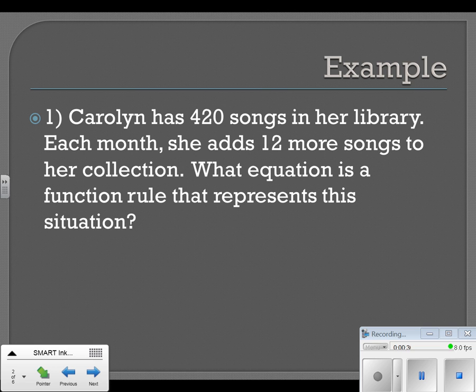And so for this situation, y would equal 420 that she has in her library, plus she's adding 12 more songs to her collection each month. So 12 times x months plus the 420 she originally had would give you her total collection.